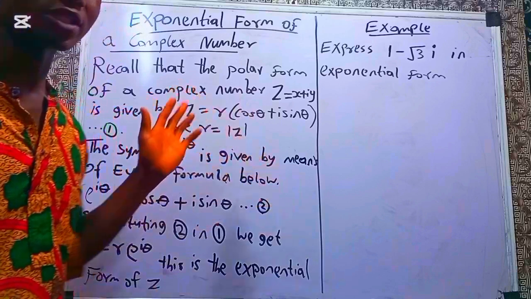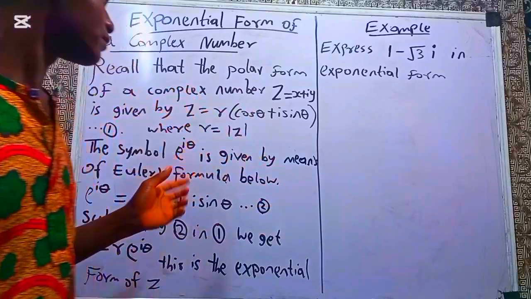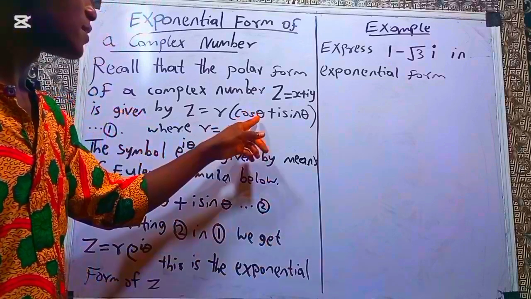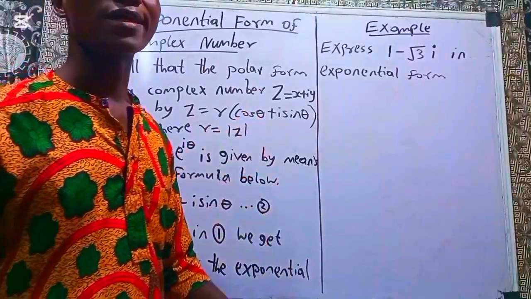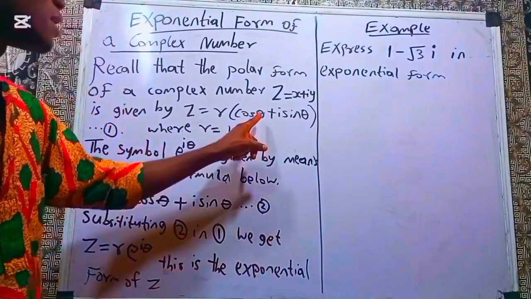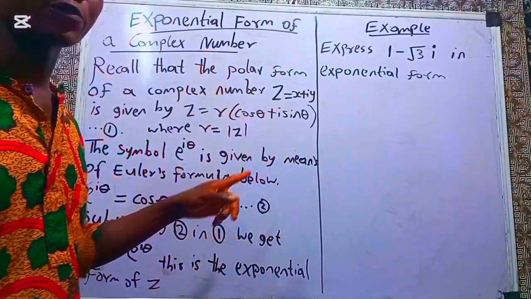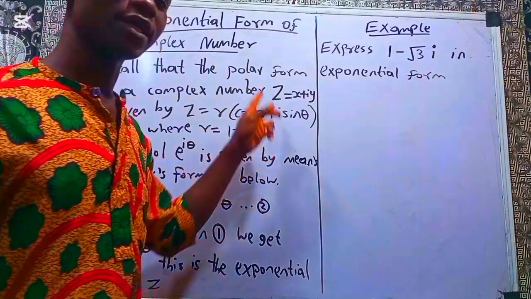That is what we studied in our previous video. Now, in our previous video, I told you that this theta is measured in what? Radian. And this theta is the principal argument of the complex number.